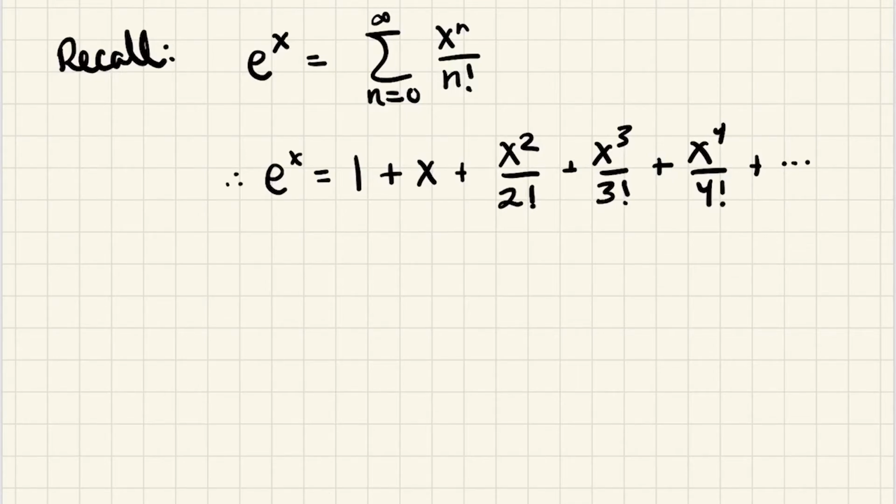Hopefully this is bringing up some wonderful memories of Calc 2. Okay, so what we're going to do is replace x with ix in both places, on both sides of this equation.